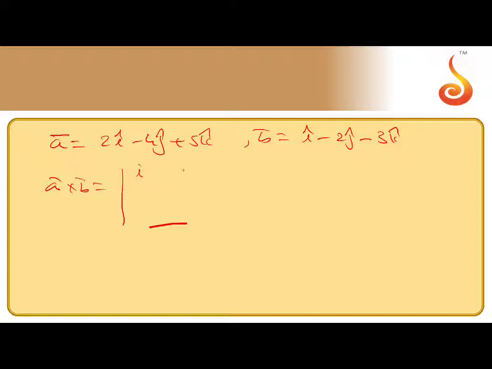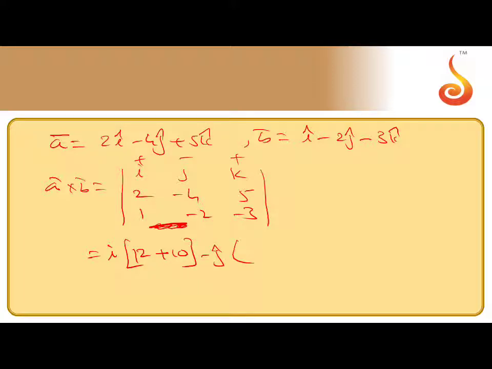a cross b will be the determinant with rows i, j, k; 2, minus 4, 5; 1, minus 2, minus 3. So here i into 12 plus 10, minus j into, with the plus minus plus combination, minus 6 minus 5, plus k into minus 4 plus 4.